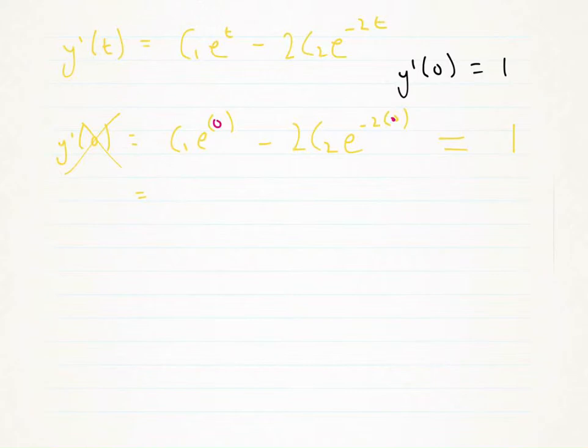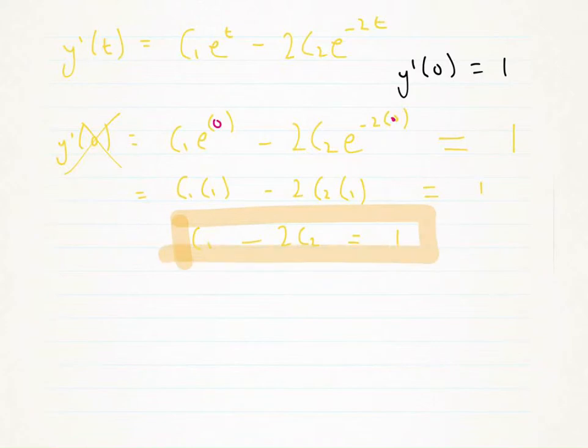That's equal to c1 times 1 minus 2 c2, and that worked out to be 1 as well because e to the power of 0 is 1. So c1 minus 2c2 equals 1. And this is my second equation.